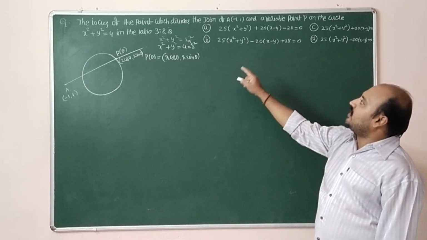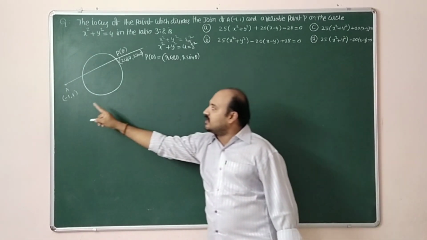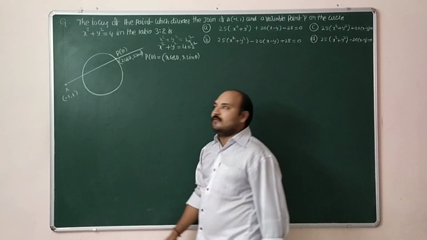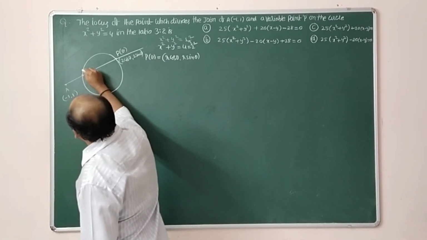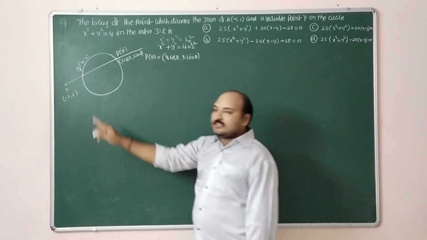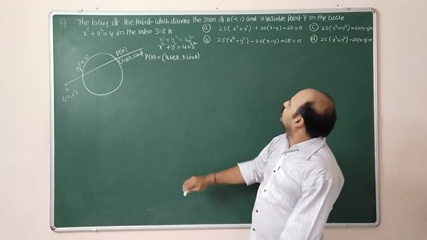So the locus of the point which divides the join of (-1, 1) and a variable point on the circle. Here I am taking one point Q(x, y) which divides in the ratio 3:2.